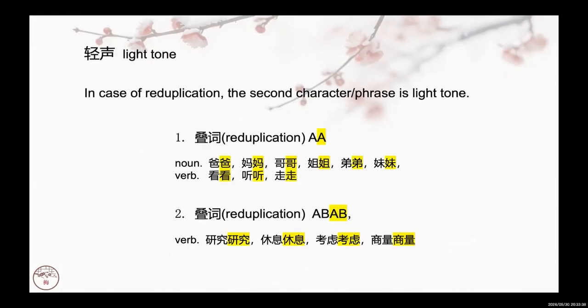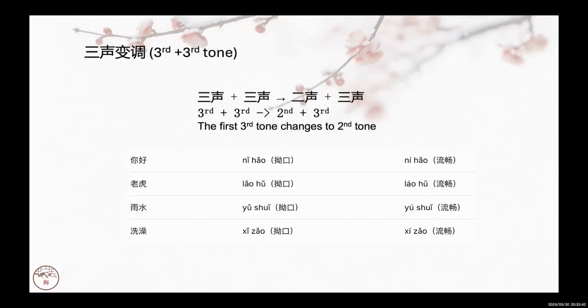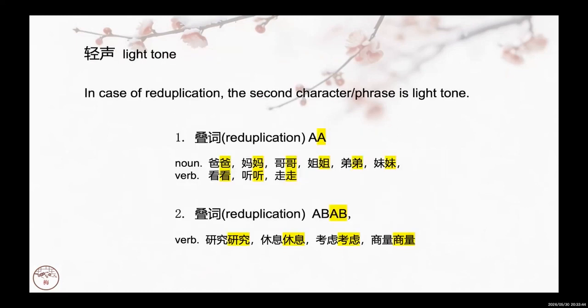It's because of the same purpose, just as the last situation. We want to make speaking easier. It happens mostly for the reduplication scenarios.